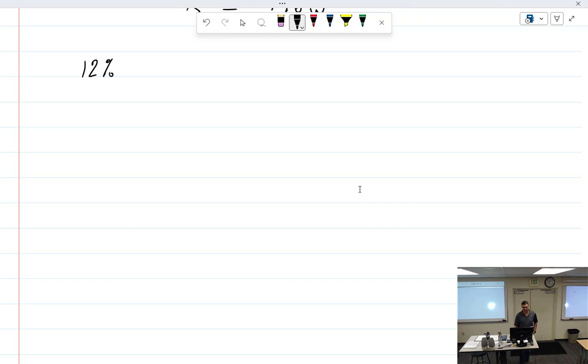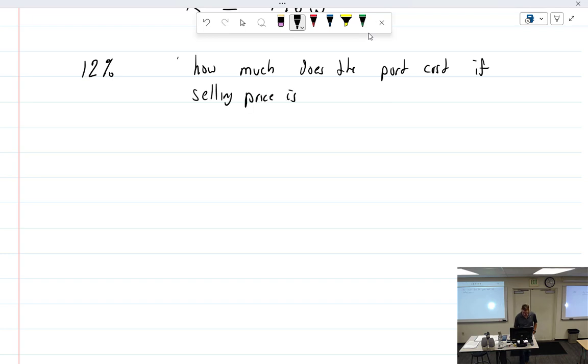How much does the part cost if the selling price is 145.60?